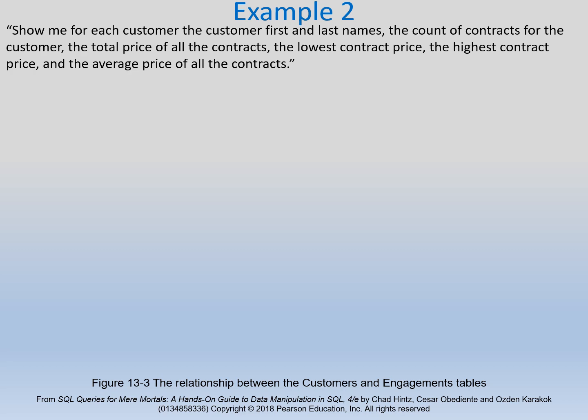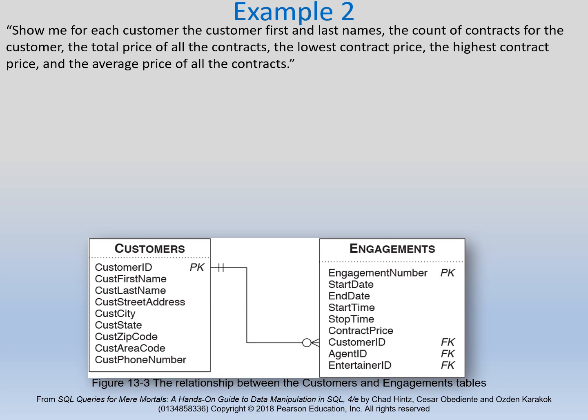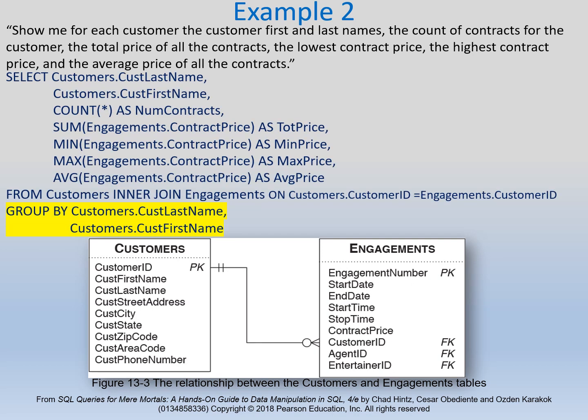Very similar to example 1, same tables in the data model, but notice we have customer last name and customer first name in the select clause instead of entertainer stage name. So instead of one column in the select clause that's not aggregated, we have two. Therefore, in the group by clause, we have two columns, customer last name and customer first name.